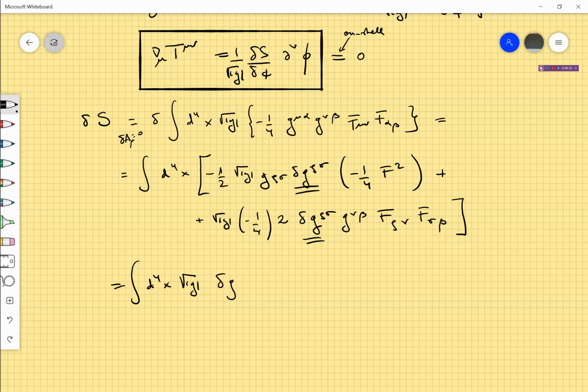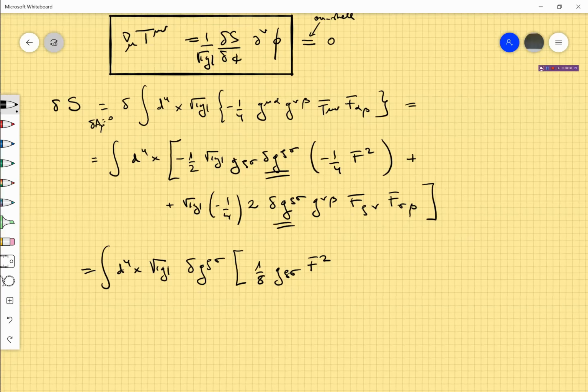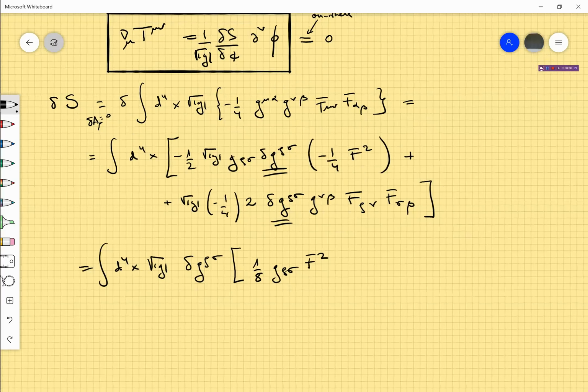I also have this factor of delta rho sigma, and the first term is 1/8 g rho sigma f squared, and the second term that I have here is minus a half, and I have f rho beta f sigma beta, and I have used this to raise this index and call it beta.